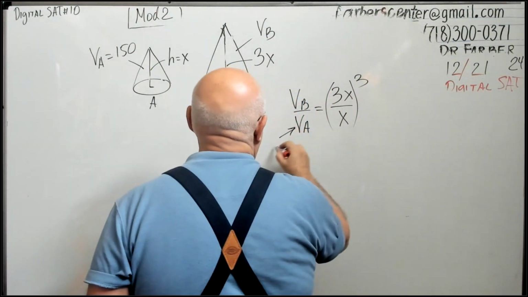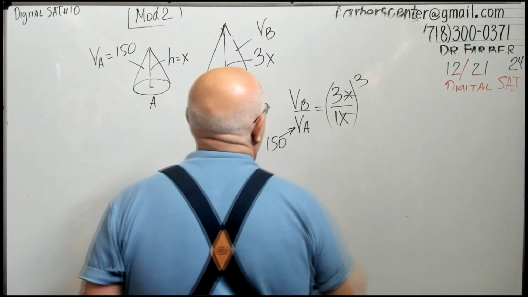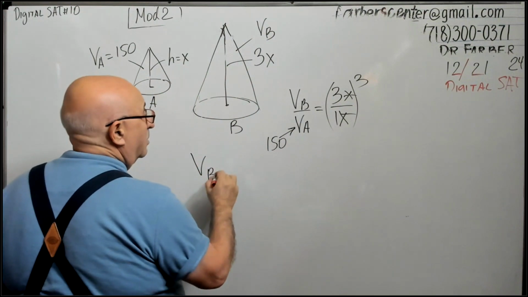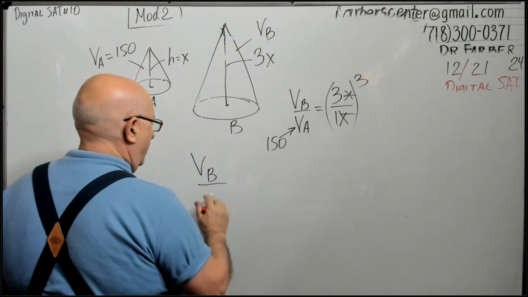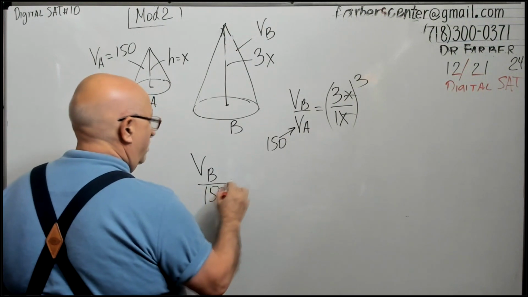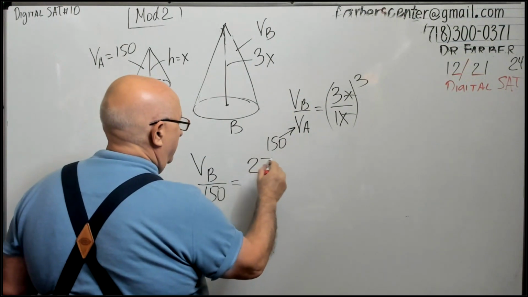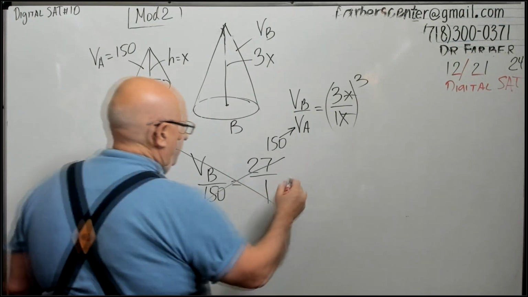This is 150, this cancels out, this is 1. You get VB divided by 150 equals 3 to the third, which is 27 over 1. Cross multiplication, you get VB.